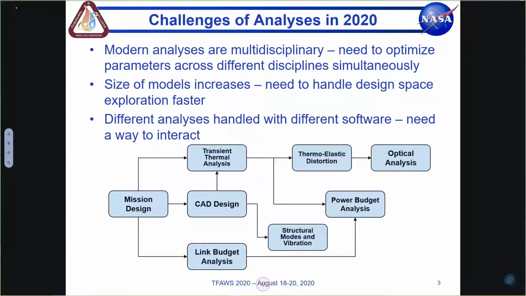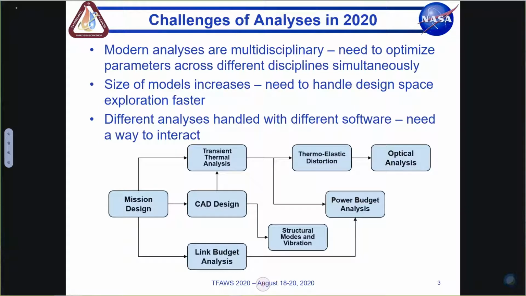So as you know, model analyses are multidisciplinary, which means you need to optimize parameters across different disciplines, and they all need to be optimized at the same time. They all have competing requirements, right? A structural designer wants something to be stiffer or stronger, but at the same time they want to keep the mass low.